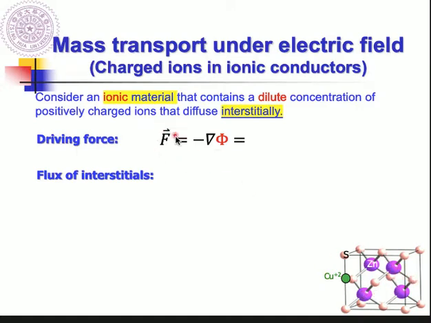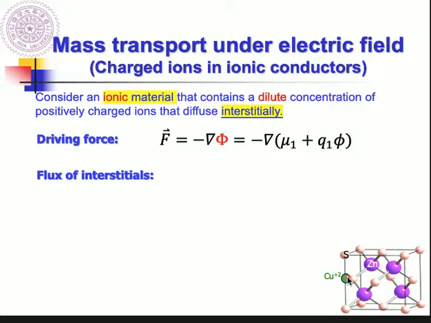As we know, the driving force can be expressed as minus the potential gradient. And in this case, the potential of these interstitial ions can be expressed with the first term being a chemical potential gradient. This term is due to the concentration variation of these copper ions.